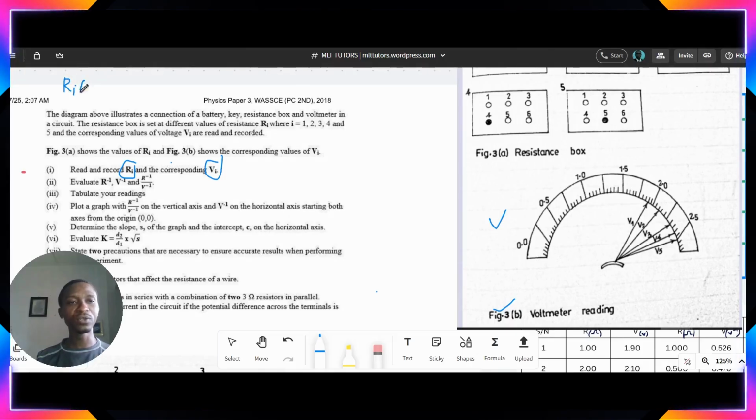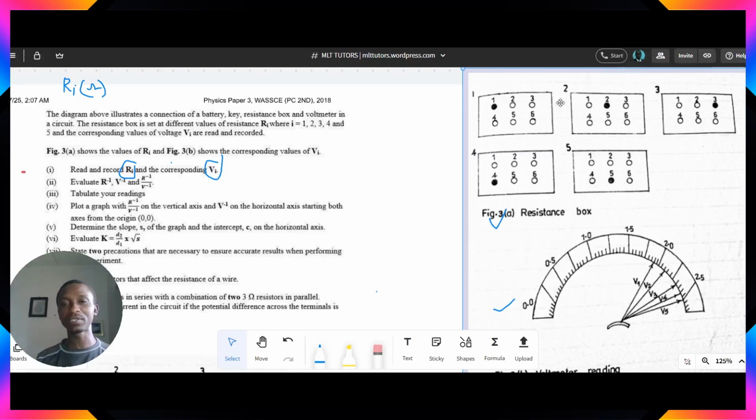Definitely its unit will be ohms. Then we are going to get that here on figure 3A, where here are the values of our resistance: R1, R2, R3, R4, and R5 respectively.